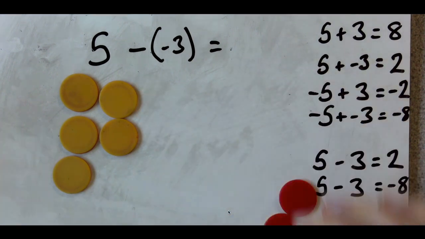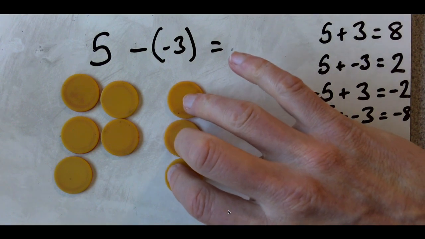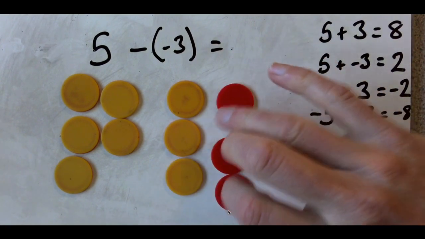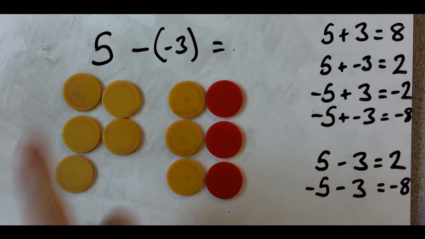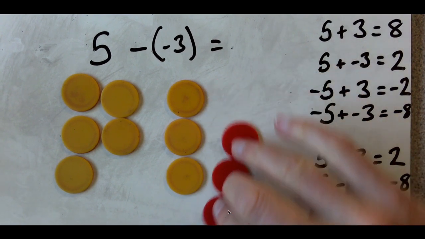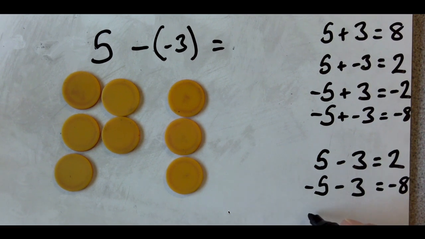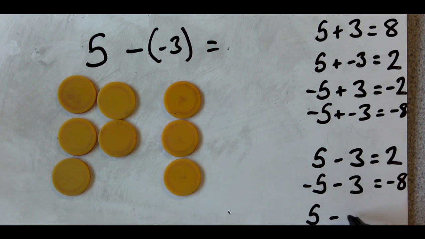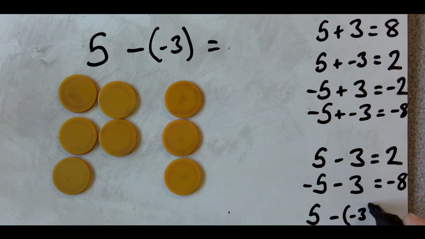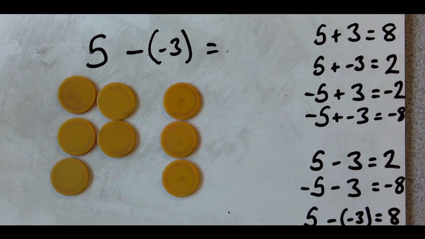So +5, again, I haven't got any negatives to take away, so I had to introduce 3 zero pairs again. So I've still got +5 represented, but now I can take away 3 negatives. So it leaves me with 5 take away -3, leaves me with 8. Yeah, that equals 8.